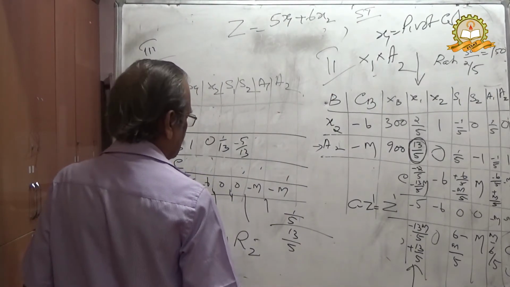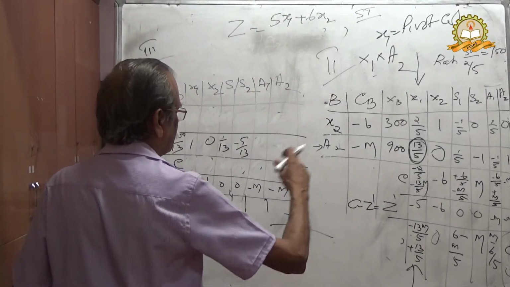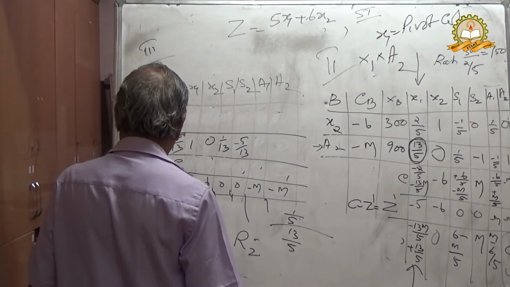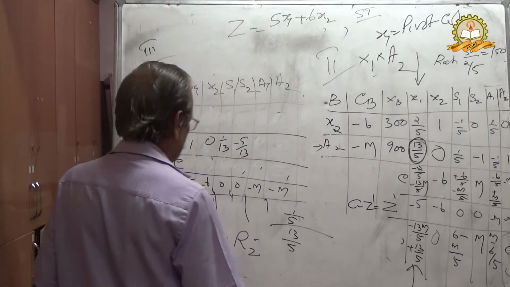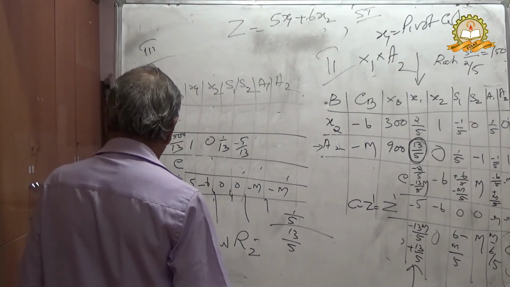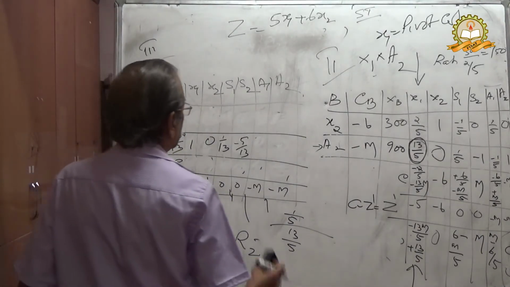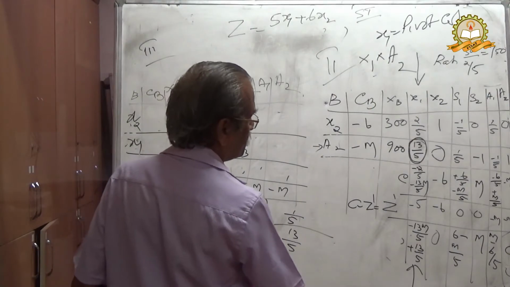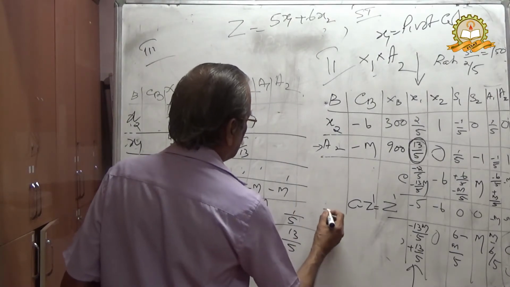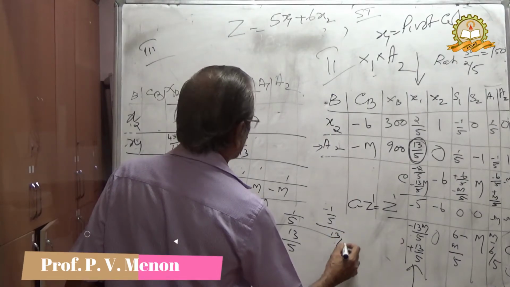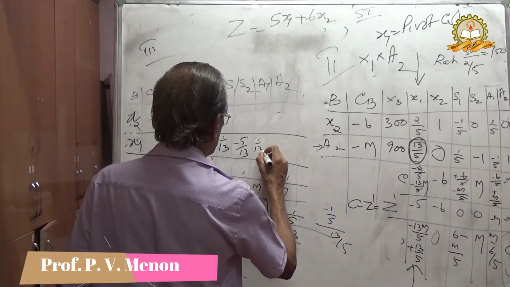It is negative 1 by 5 divided by 13 by 5, 1 by negative 5 by 13. Under S2 you have negative that, and the other thing also you can write, S2 A1 will be, you can think of minus 1 by 5 divided by 13 by 5 equal to 1 by 13.